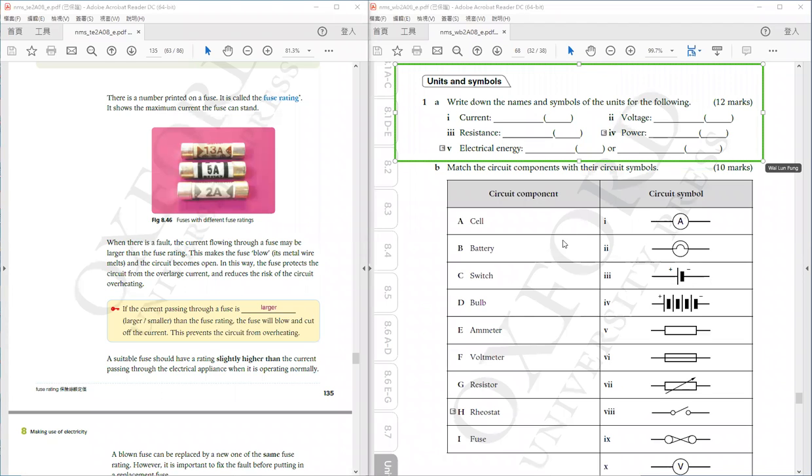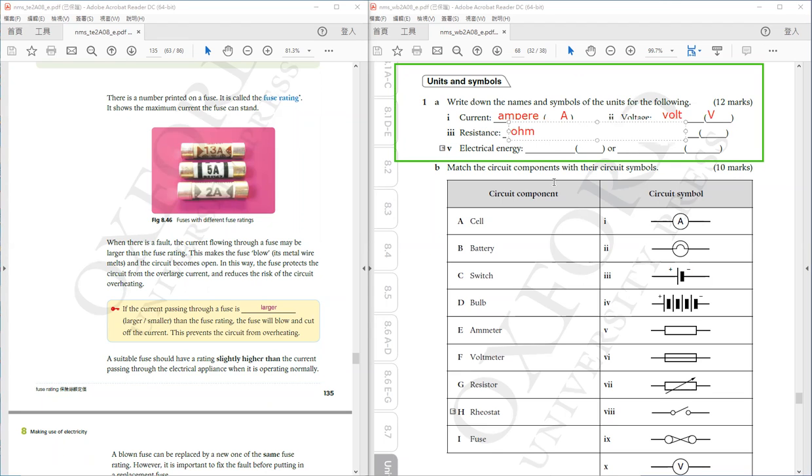Next one, units and symbols. Write down the following names and units so you can follow the marking scheme. Current is ampere, A-M-P-E-R-E, ampere with A. Voltage, we call this volt, V. Resistance, we call it ohm, O-H-M.